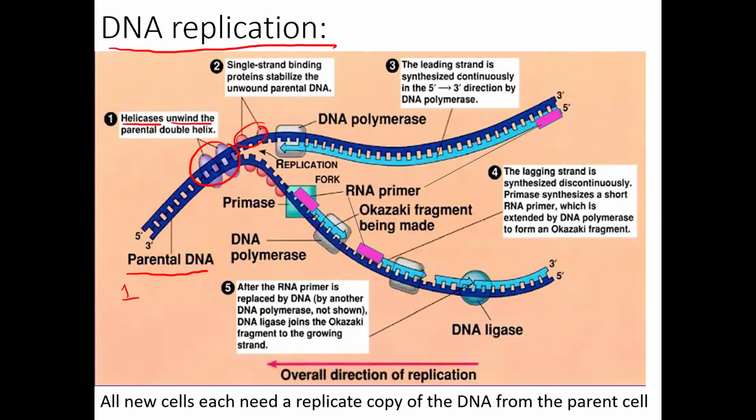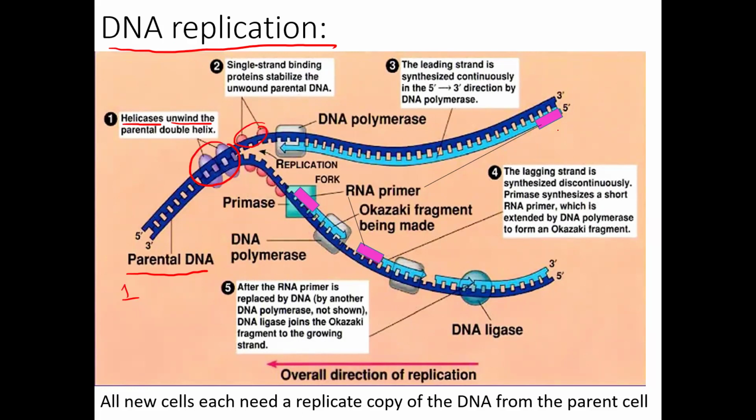And then number 3, the leading strand is synthesized continuously in a 5' to 3' direction with DNA polymerase. So you can see we're starting to build those pieces together. And then the lagging strand is synthesized discontinuously. Primase synthesizes a short RNA primer, which is extended by the DNA polymerase to form an Okazaki fragment.